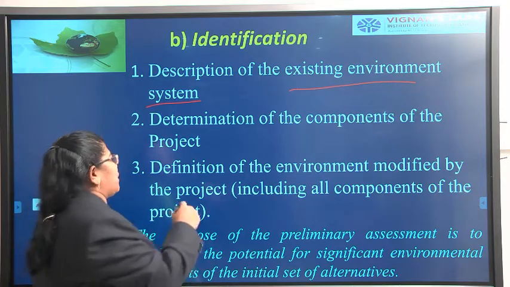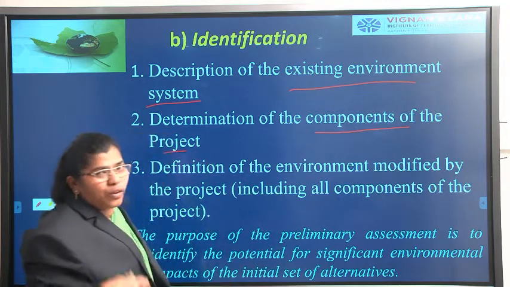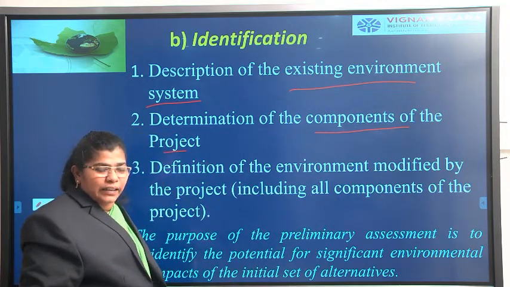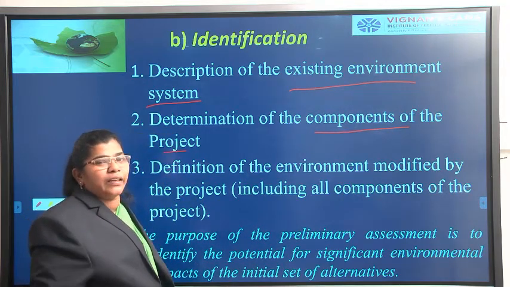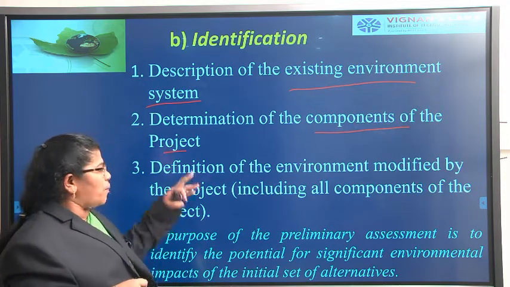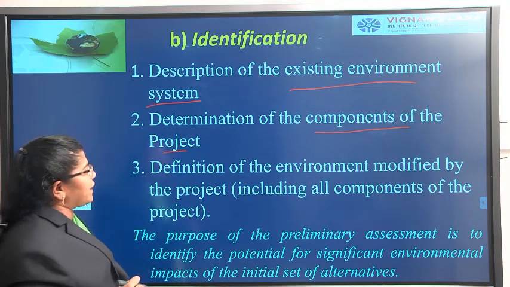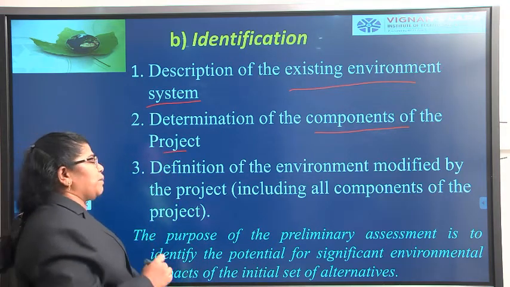And the components of the project. The main thing is the components of the project, as I told you: the initialization, the execution, then the production, then they have to leave the waste also. For all these components, they have to study whether any effect is there. And the definition of the environment modified by the project.